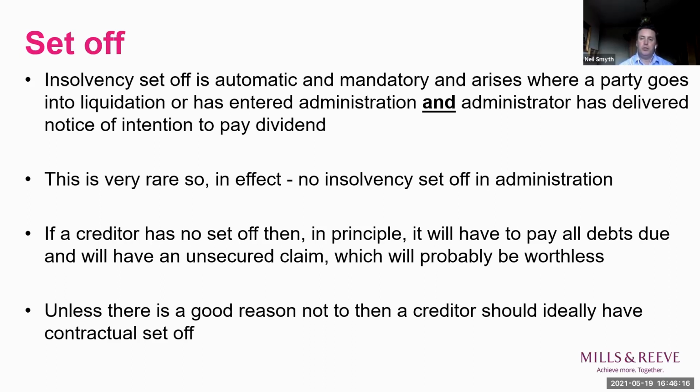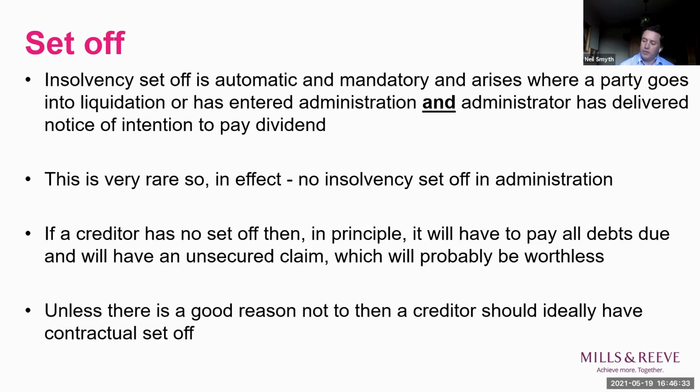Because in administration, if you don't have insolvency set-off, then you have to rely on contractual set-off. You could also rely on other forms of set-off like equitable set-off, etc. But it is easiest, as any lawyer will tell you, to have something that is written down and signed by both parties in a contract.